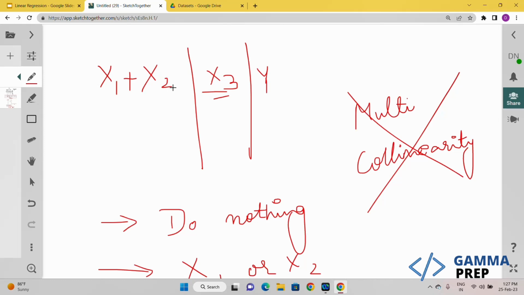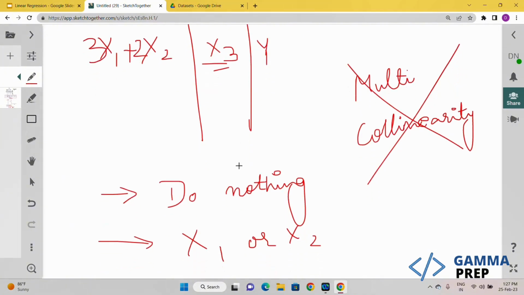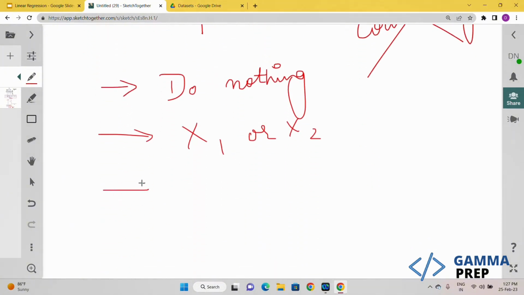So basically, instead of x1 and x2, use x1 plus x2, or maybe x1 plus 2x2, or 3x1 plus 2x2. It depends on you which you want to use, right? Third thing that you could do is basically have a linear combination of the correlated variables.